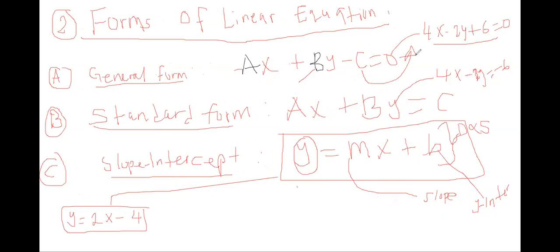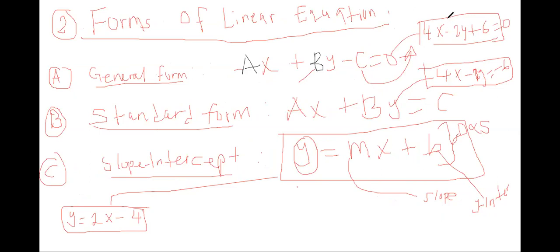So you can have a linear equation expressed in many ways. It can be expressed in this way, which is general form. It can be expressed in this way, which is standard form, and it can be expressed in this way, which is slope-intercept form. So which one you come across should not make you confused. You should be able to deal with them. You can use the same method to solve all of them. If you look at our definition of a linear equation, it's the same.